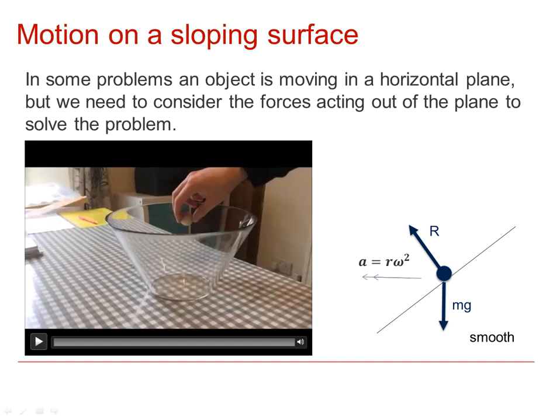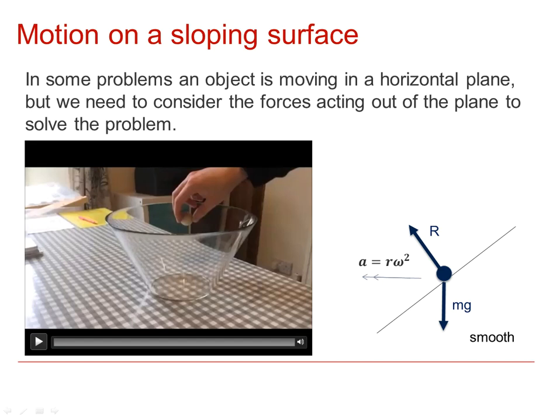But the forces themselves are acting vertically downwards, which is the weight, and then a normal reaction which is acting out of the surface at right angles to the surface itself. Now that's an idealized example where we've decided that friction is going to be negligible.